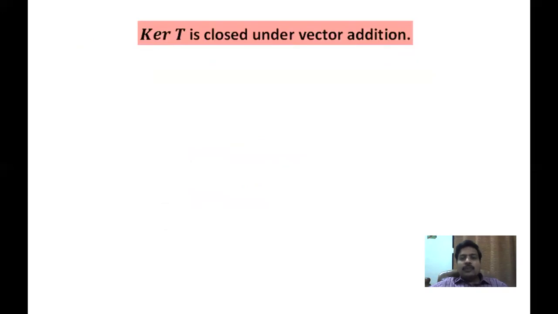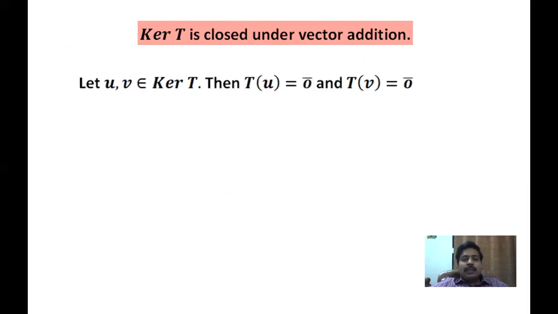So first let us prove kernel T is closed under vector addition. Let u, v belong to kernel T. Let us take two elements in kernel T. Then T of u is equal to O bar and T of v is equal to O bar.